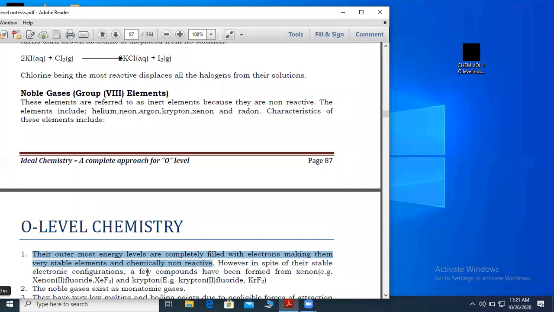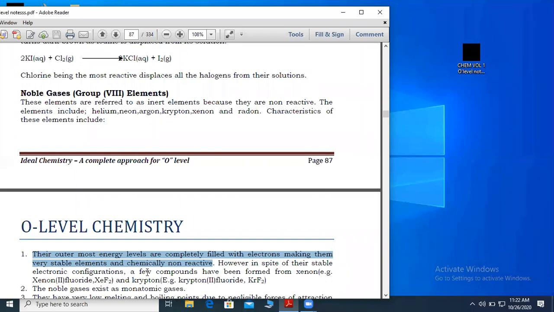So the answer is right there. The outermost energy levels are fully filled with electrons. Someone can say they have 8 electrons in the outermost energy level, which is the maximum.